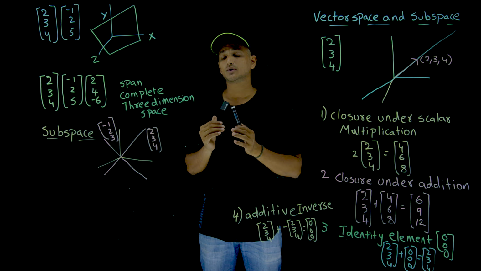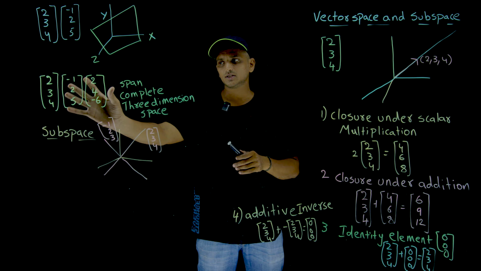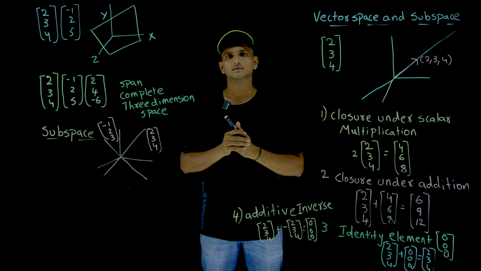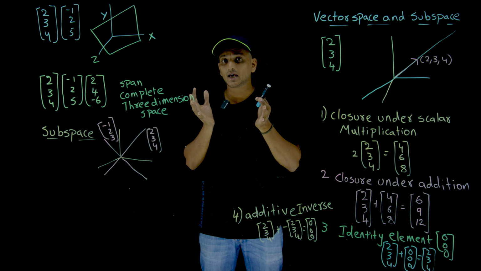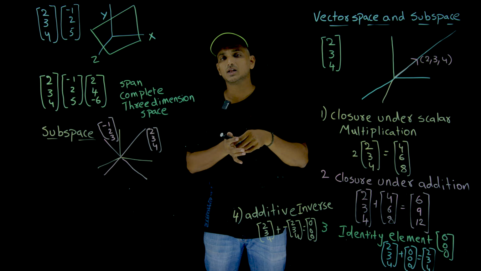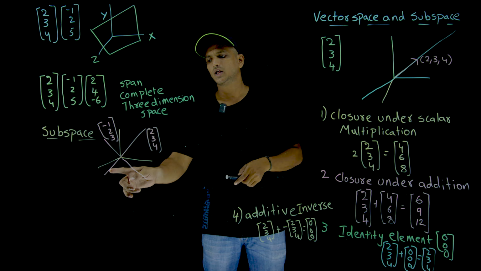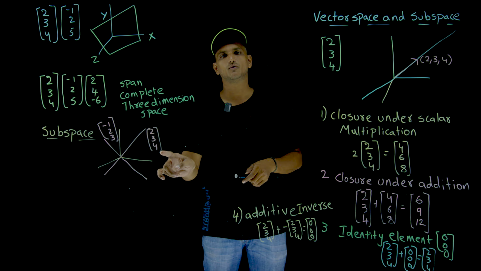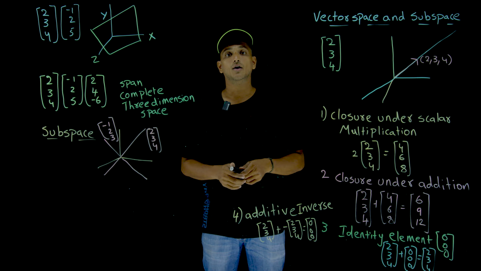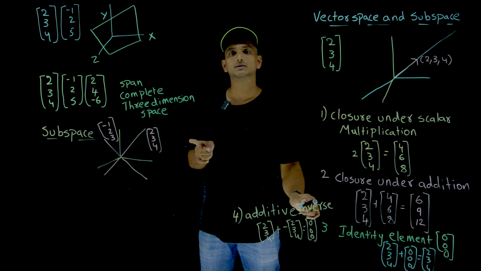Now we need to understand what a subspace is. Assume that this is the example. If you take these three vectors, what is the vector space for these three vectors? It is going to cover the entire three-dimensional space. In this three-dimensional space, if you take any subset of the space, means you take a line using this vector 2, 3, 4, we are able to cover this line, which is satisfying the properties of vector space.